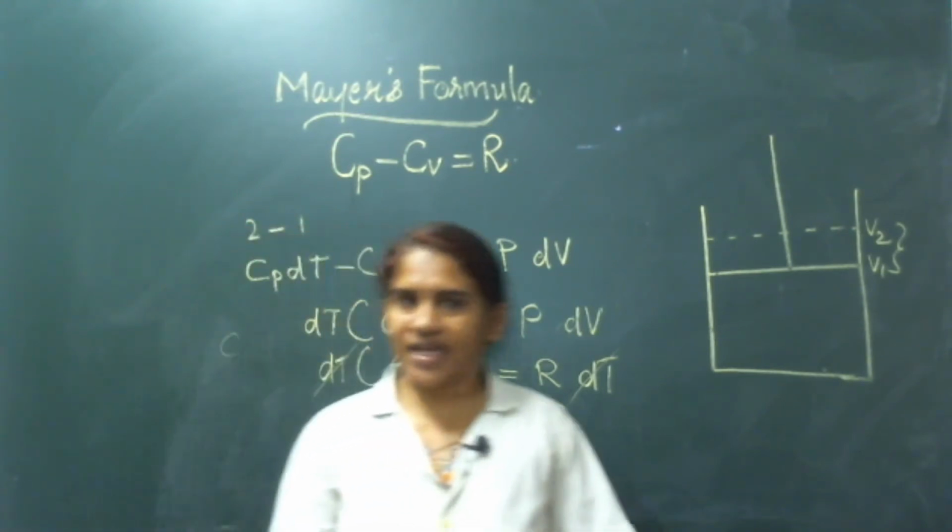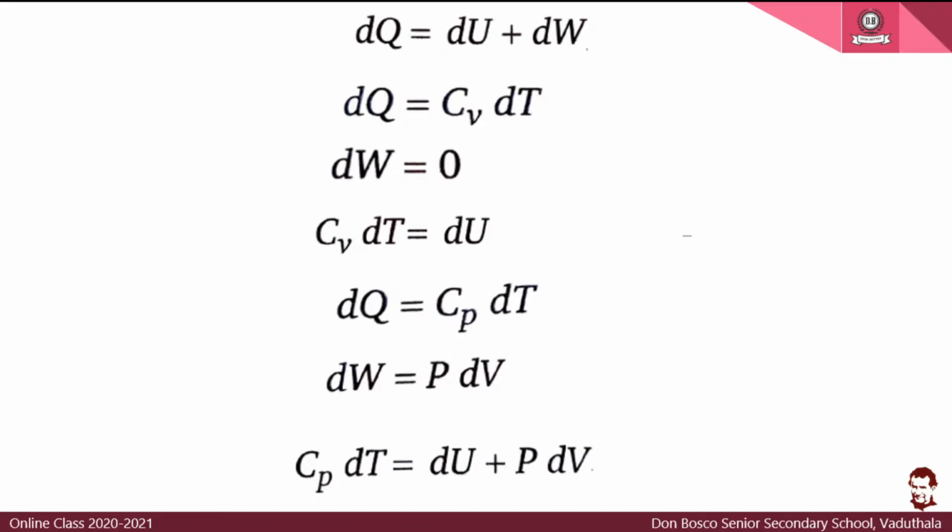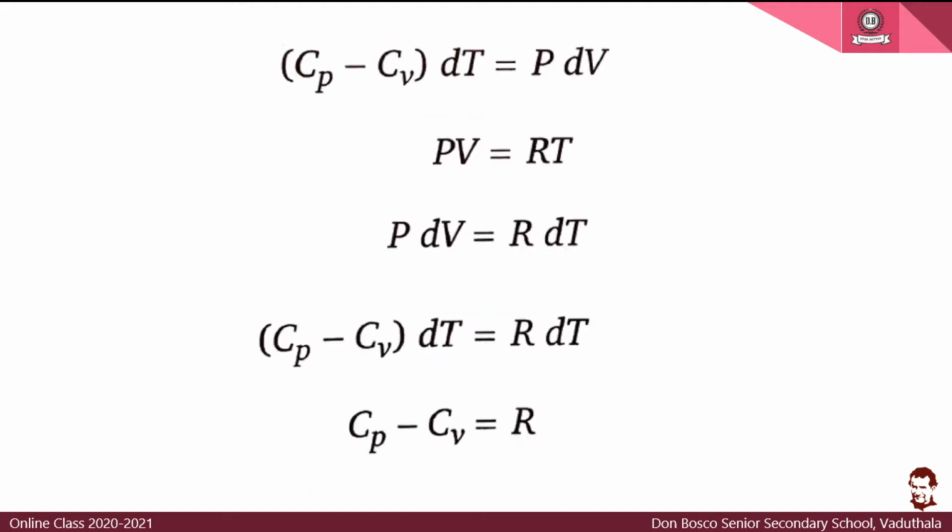Let us see the steps once again, from the starting. dq is equal to du plus dw. If we allow the gas to expand under constant volume, then dw is equal to 0, giving dq equal to Cv dt, so Cv dt is equal to du. Again, doing the same under constant pressure, dw is equal to P dV, so Cp dt is equal to du plus P dV.